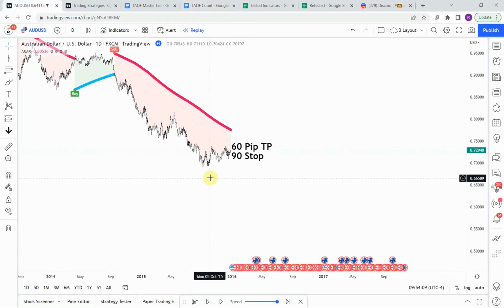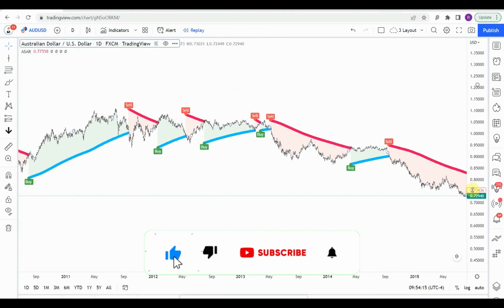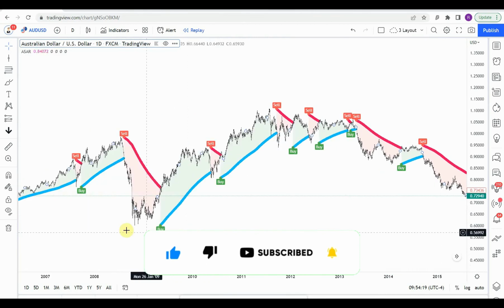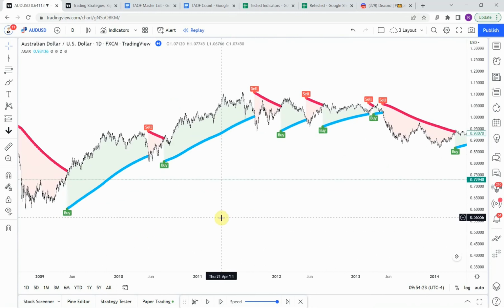Okay, so today's indicator is the adaptive parabolic SAR, and you can see it here on screen. Not a whole lot to look at with this one as far as the visual components go. It's pretty easy, pretty straightforward.